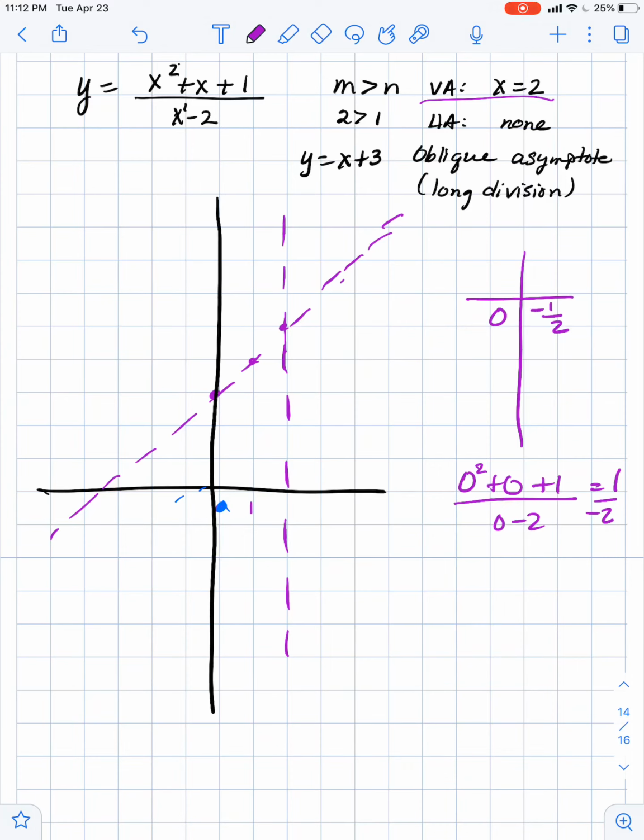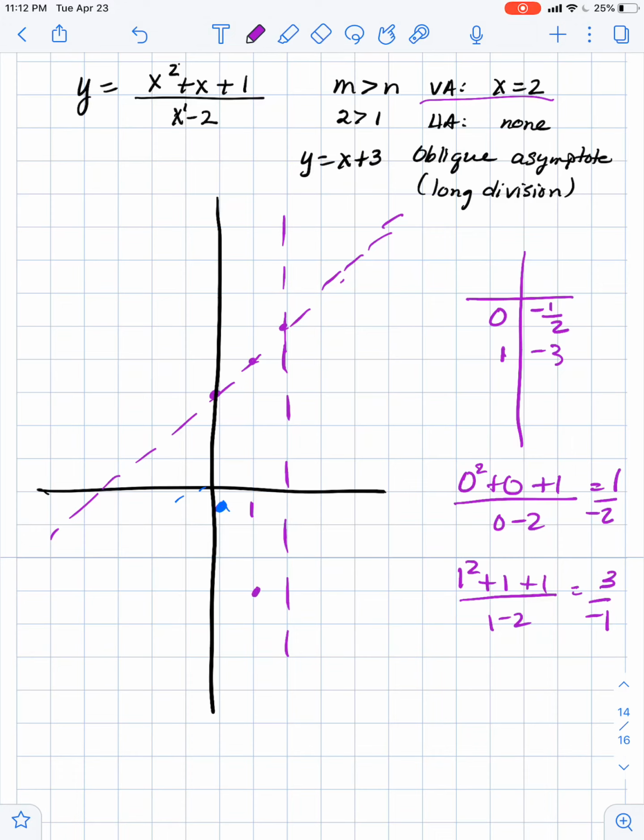So I might choose 1 this time and just see what it is. So 1 squared plus 1 over 1 minus 2. So that would be 3 over a negative 1. So this one is a negative 3. At 1, I'm at a negative 3.